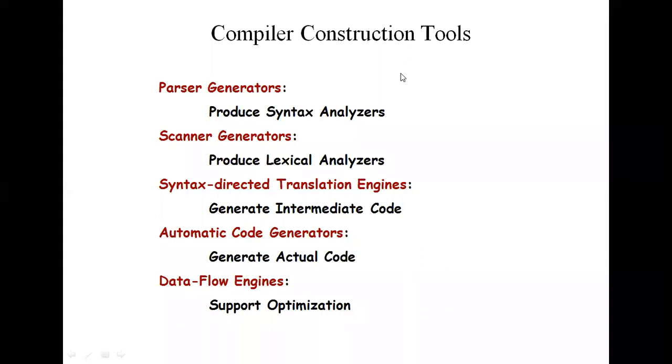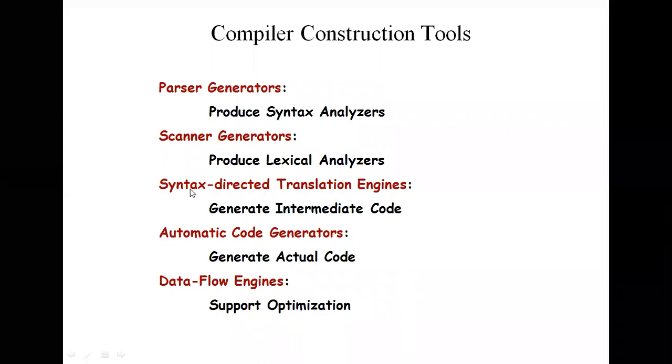So this is about the data flow engine and how it acts as a tool by supporting the optimization techniques. This is the overall description of the compiler construction tools. I think you all understand each and every tool in detail.